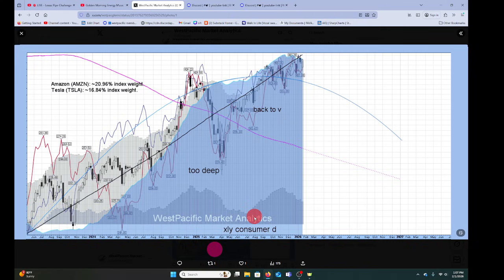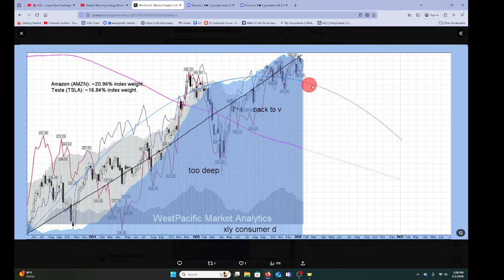Let's take a look here at the consumer real quick. I put up this consumer model, and it's interesting when we look at XLY, being the consumer discretionary, 20% of it is Amazon and 17% is Tesla. So when we model the XLY, you can see we've got a top out now in momentum. You notice it was too oversold here. I put it too deep, right?